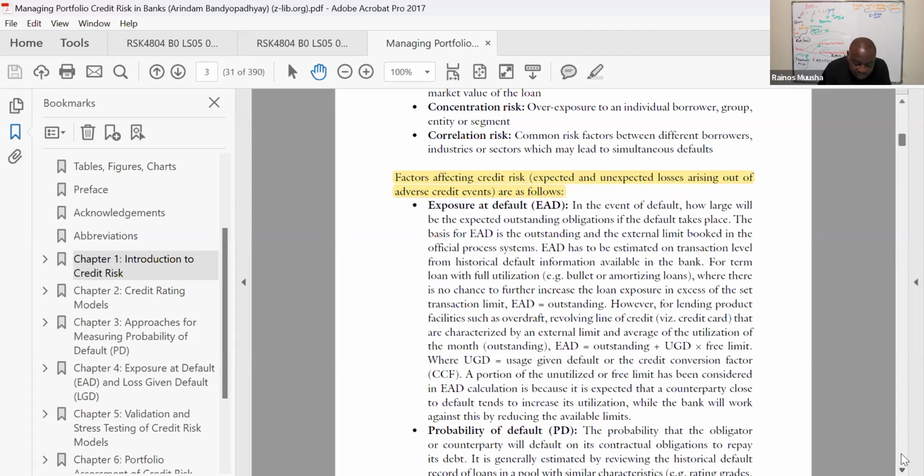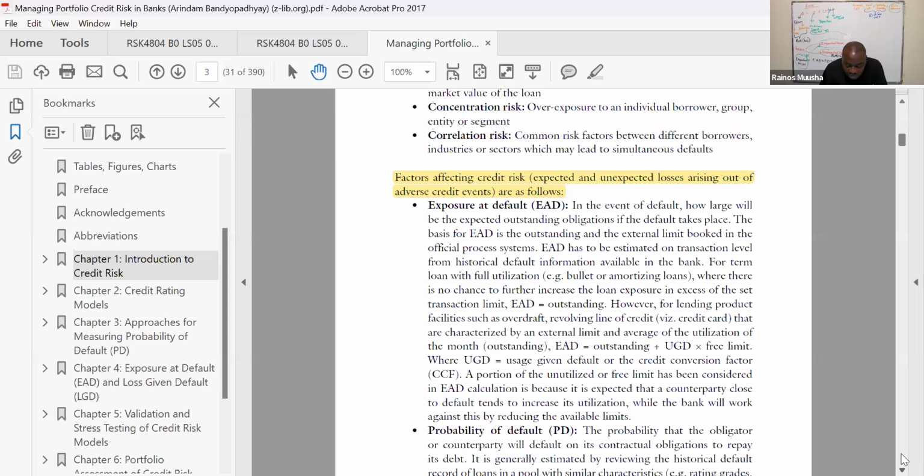However, for lending products such as overdraft and revolving line of credit, which are characterized by an external limit and an average utilization of the month or outstanding amount, your exposure at default will be given as the outstanding amount plus the utilization given default multiplied by the free limit. Here UGD is the usage or utilization given default, or the credit conversion factor.